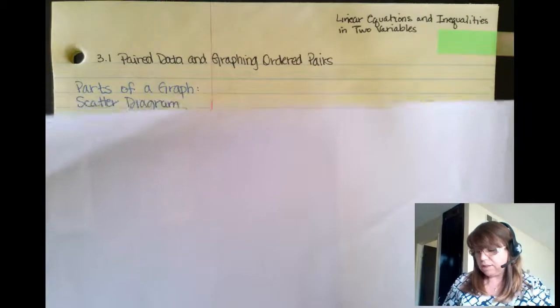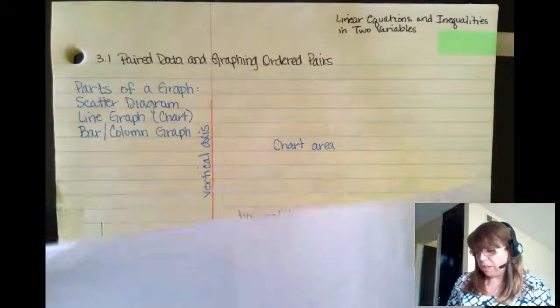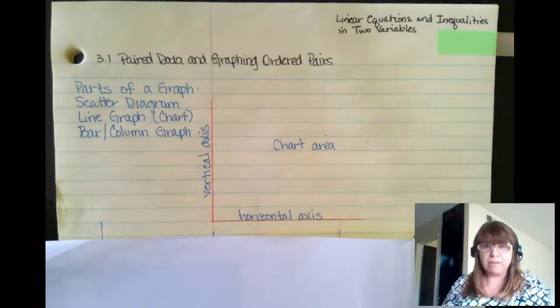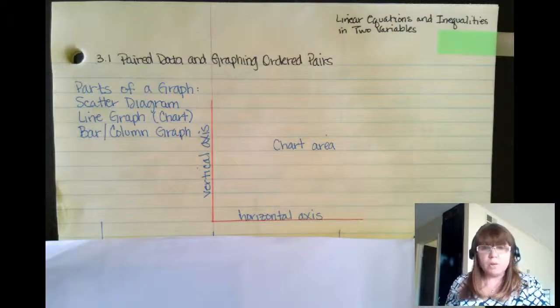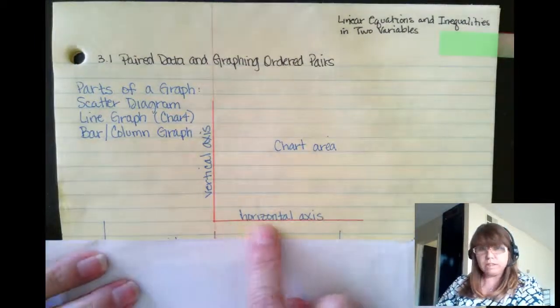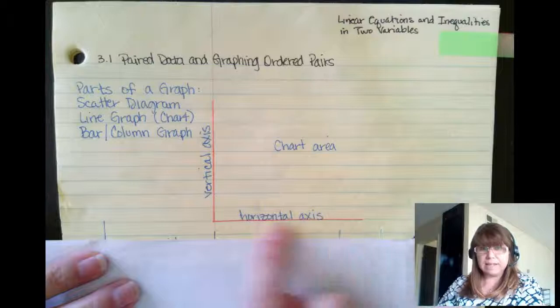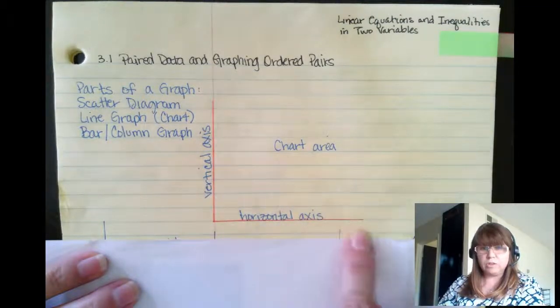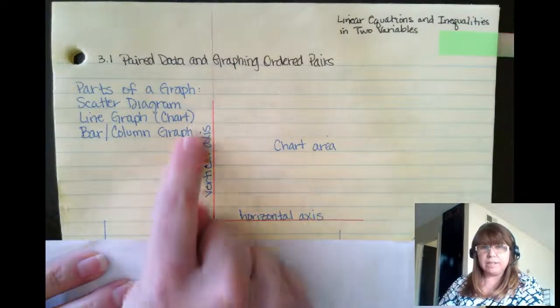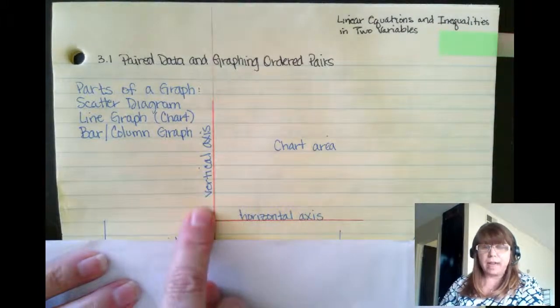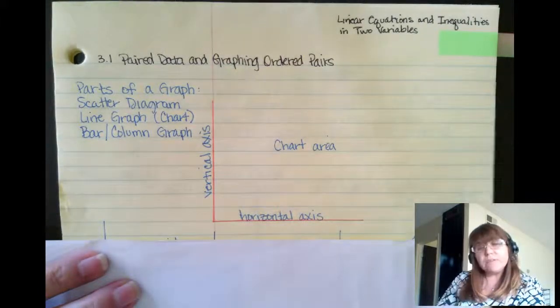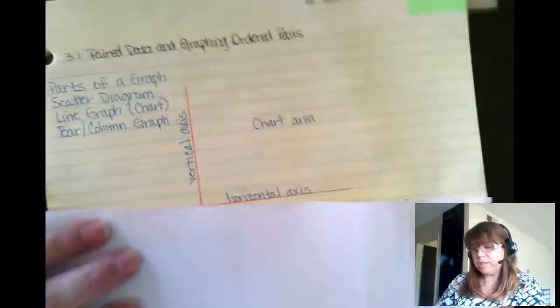So let's handle some of the information that we need to know when it comes to graphing. The parts of the graph are a horizontal axis that lays on the ground. Think of that, horizontal. And a vertical axis, it stands up. So we have different types of charts, and we've chatted about a couple of them in the past.